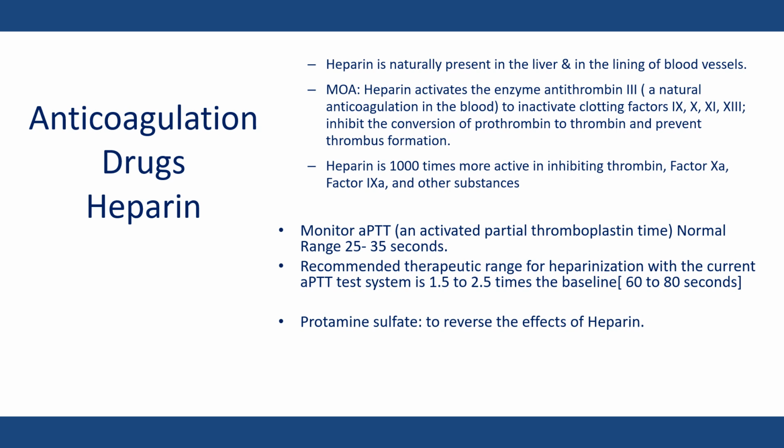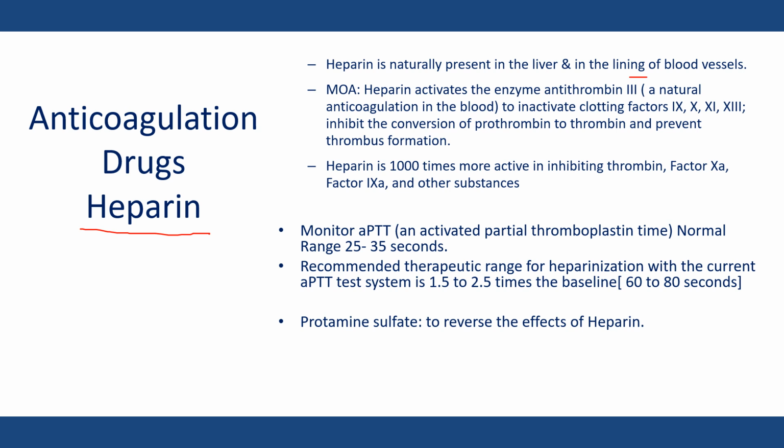So we'll start with the anticoagulation therapy with heparin first. Heparin is naturally present in the liver and in the lining of blood vessels. The mechanism of action for heparin is that it will activate the enzyme antithrombin III, which is a natural anticoagulant in the blood, as I mentioned earlier.